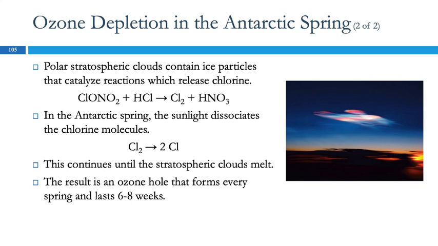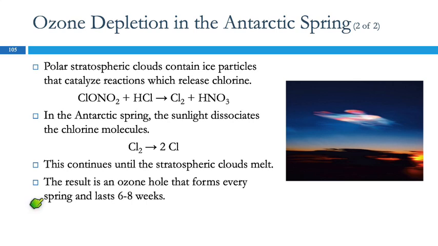It's like the sun never sets during the Arctic spring. The sunlight can catalyze the dissociation of chlorine molecules into chlorine atoms. And now we have these chlorine atoms present in a much higher concentration than in the rest of the atmosphere because of these clouds catalyzing the release of chlorine.